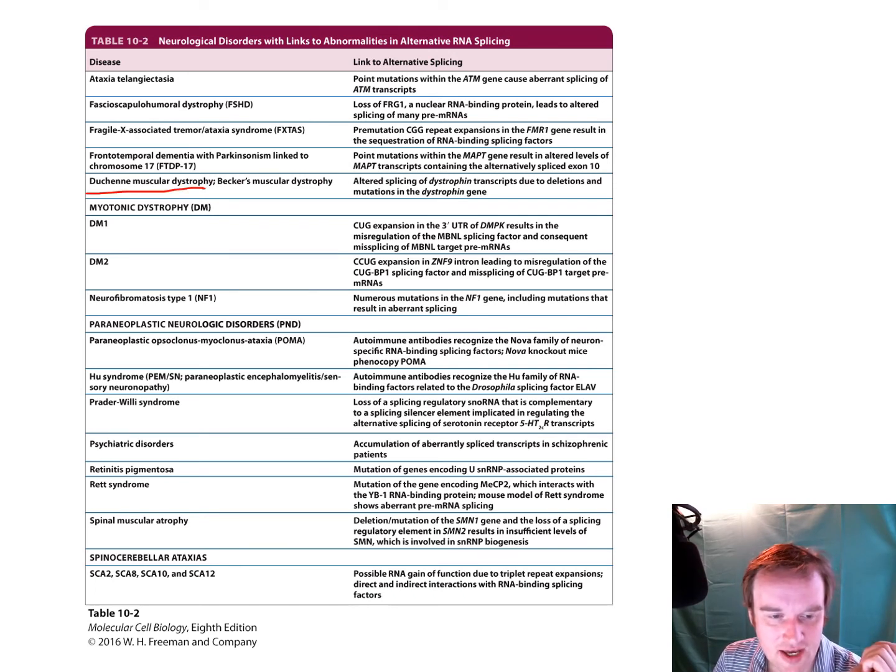We also have Rett syndrome. Some of these I'm not super familiar with, as I am not a medical professional, but some of these you may recognize. This is just for your information that aberrations in this process can lead to diseases.